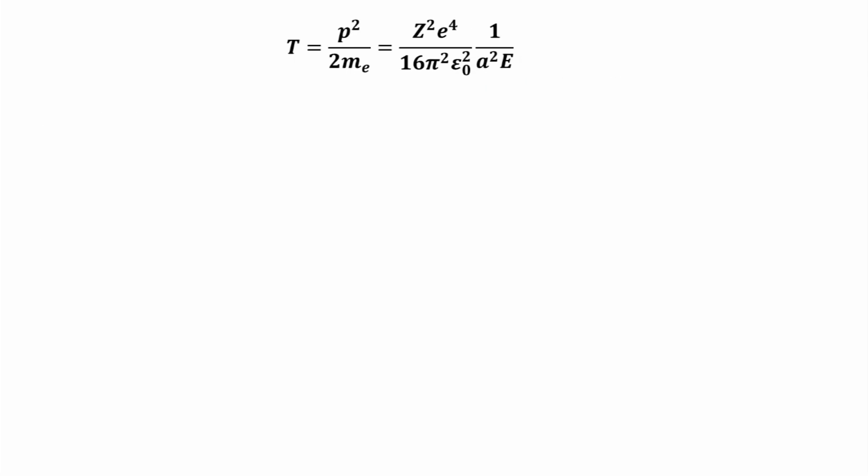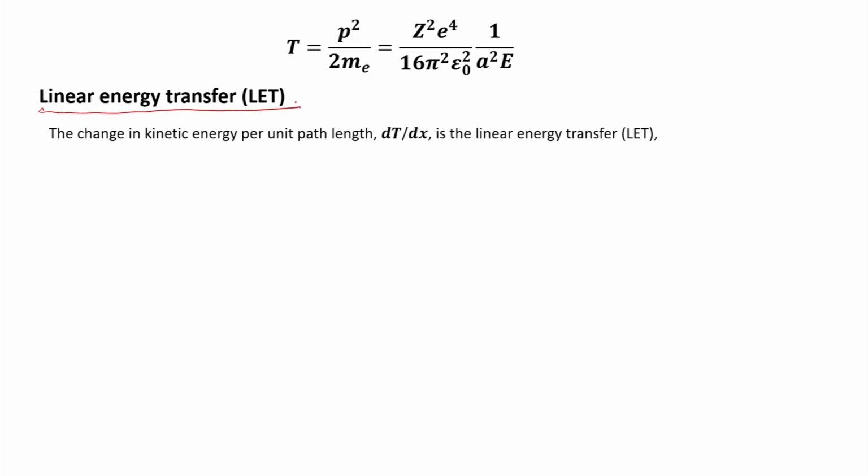So, now this is the expression we already derived. Now, let us define a few very important terms, that is called the linear energy transfer, LET. What is LET? LET is defined as the change in kinetic energy per unit path. This is the energy which has been transferred.